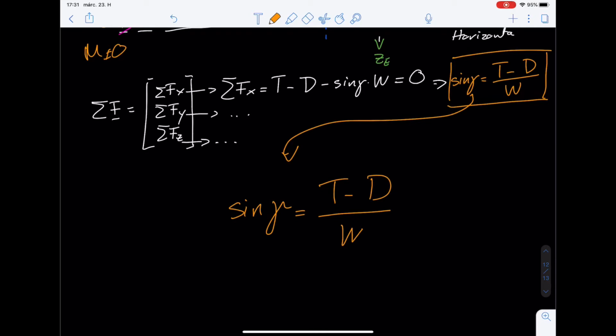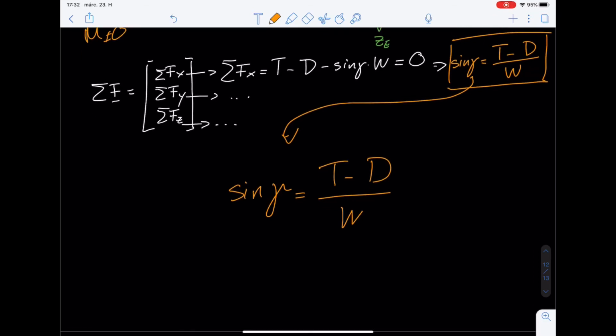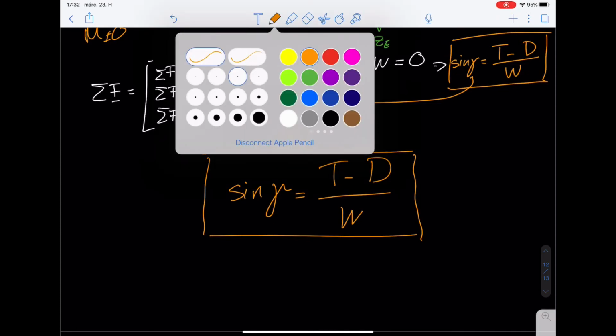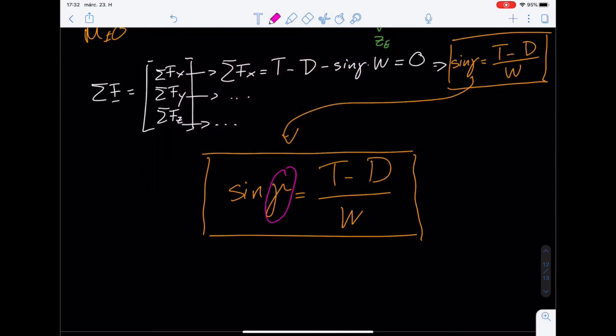Okay, so therefore, here we have basically the entire formula and how to calculate it for the climb. And we can also look at the factors that influence this flight path angle, this gamma over here.